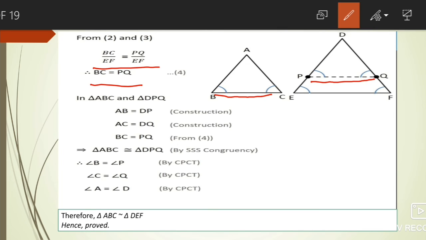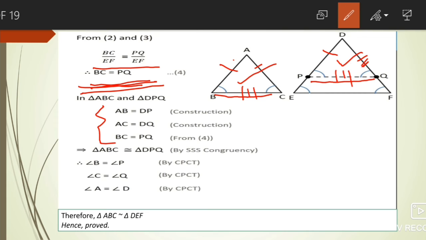If you take this triangle and the smaller triangle of the second figure, AB is equal to DP from the construction, AC is equal to DQ from the construction, and BC is equal to PQ from this solution. So by SSS congruency, you can say that triangle ABC is congruent to triangle DPQ.